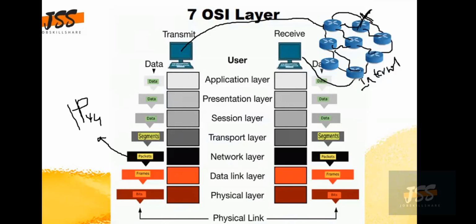But other than redundancy, we should also have the best path. We want to reach our destination in the optimal way. Let's suppose this is going to be our optimal path. That basically comes under the network layer. That's it.